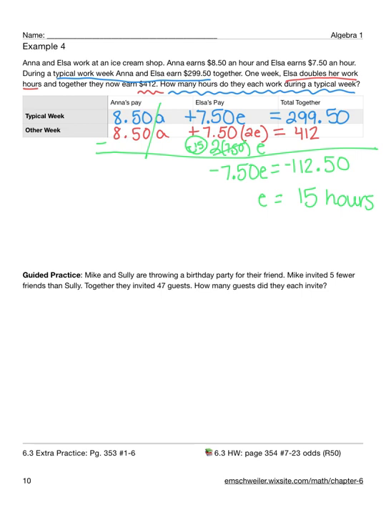So if I plug in, I'm going to do it back up here. It's going to get a little messy. So if I substitute 15 back in there for E, I would be solving for A. And that's going to equal $112.50 that she's contributing.